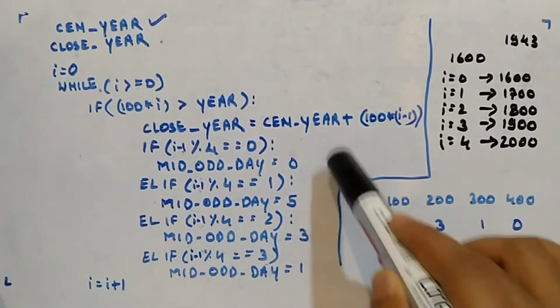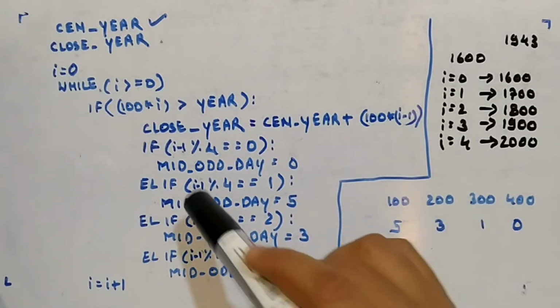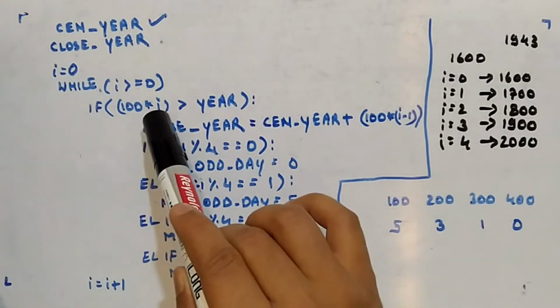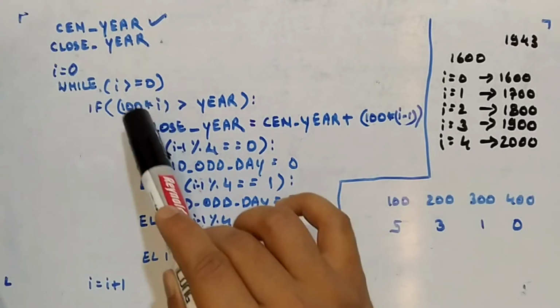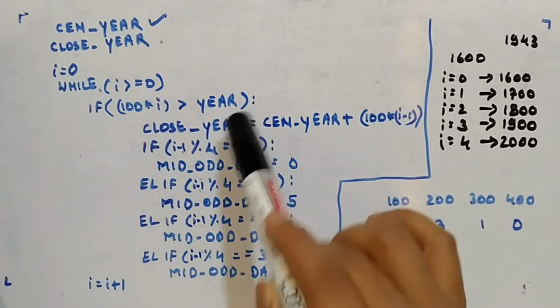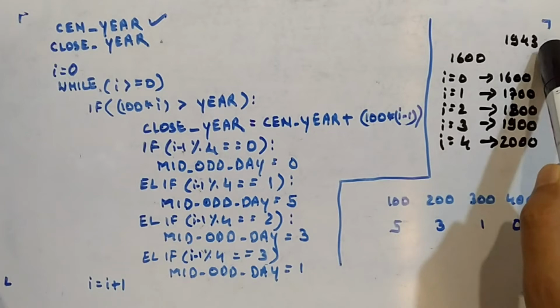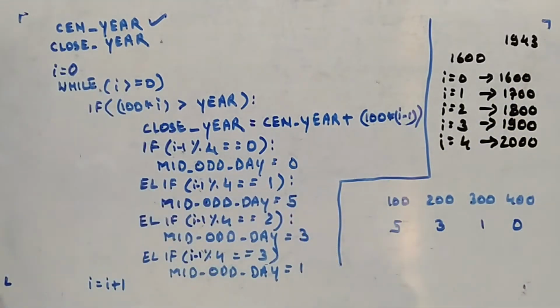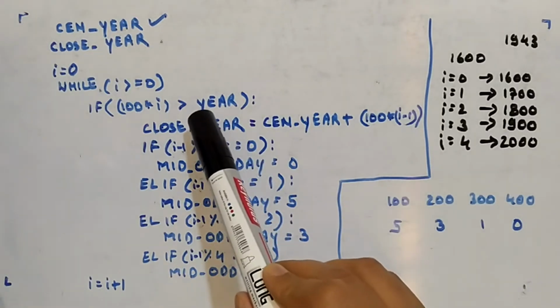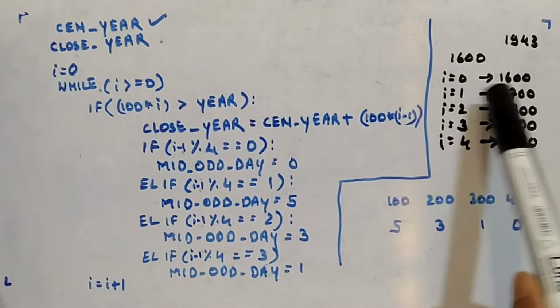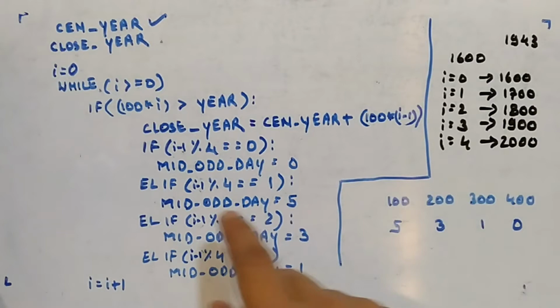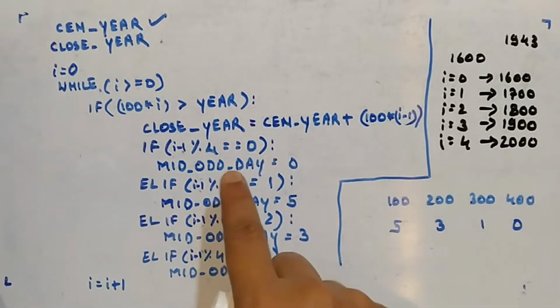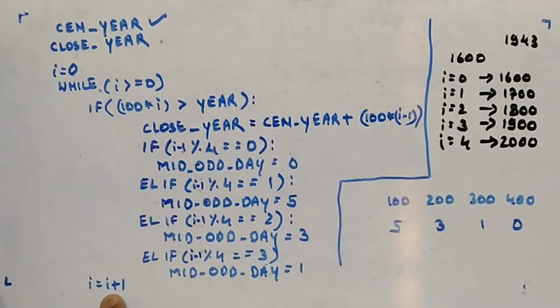Inside the first statement, it will check the condition: for i equal to 0, whether 100 into i is greater than your given year or not. For 0 into 100 it will not be greater than the year, so this statement will not be executed directly, it will go to the next statement.